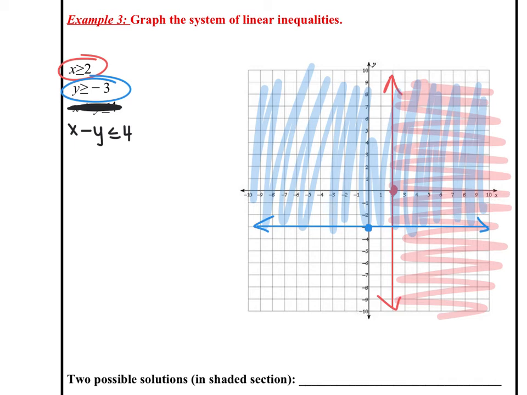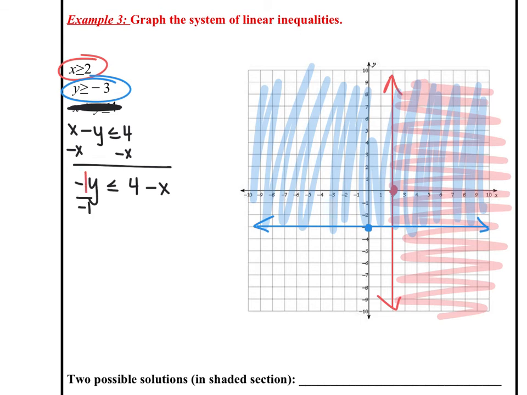Last one I will do in black. But we can't actually graph it yet because we have to solve this equation for y. So first thing I do is subtract x to move it to the other side. And then I'm going to divide by what's in front of y, which in this case is a 1.